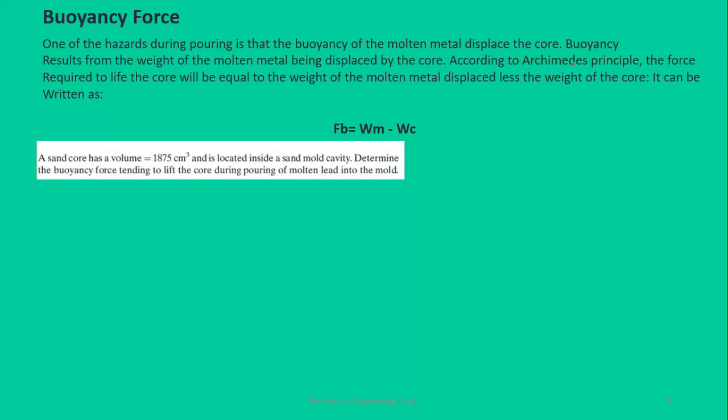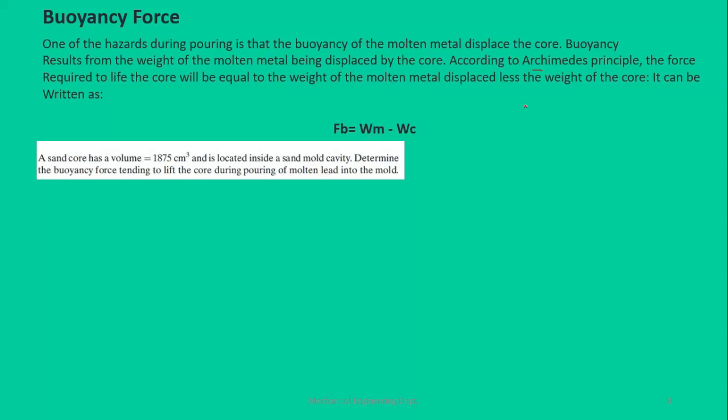As you have studied the Archimedes principle in your high school, the force required to lift the core will be equal to the weight of the molten metal displaced by the body minus the weight of the body itself. So it can be written as the buoyancy force acting on the core would be equal to the weight of the molten metal.